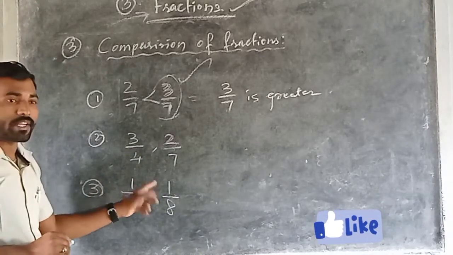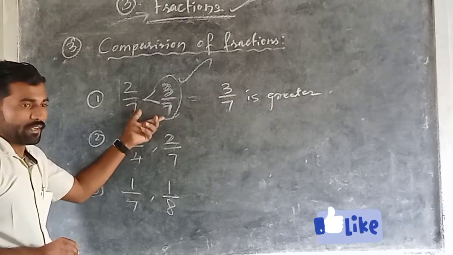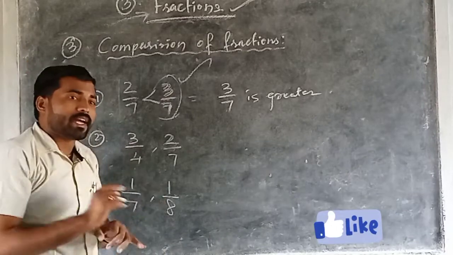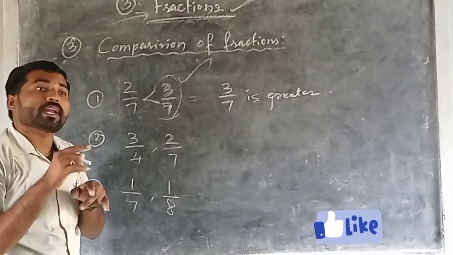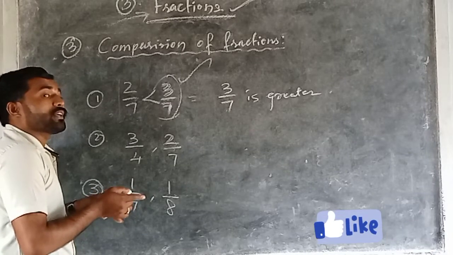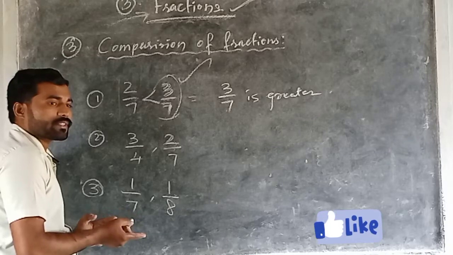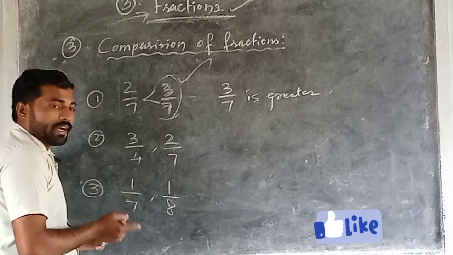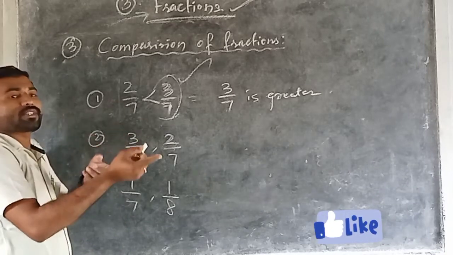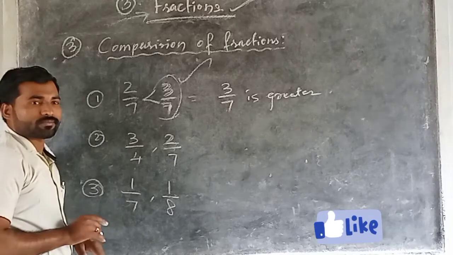When the numerators are equal, then you look at the denominators. Among the denominators, the smallest denominator gives the greatest fraction, and the greatest denominator gives the smallest fraction.